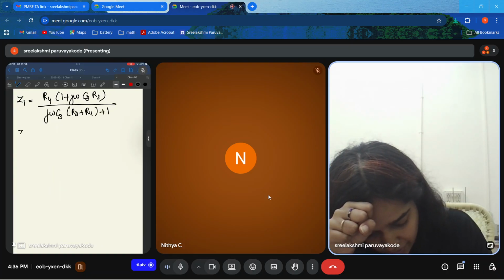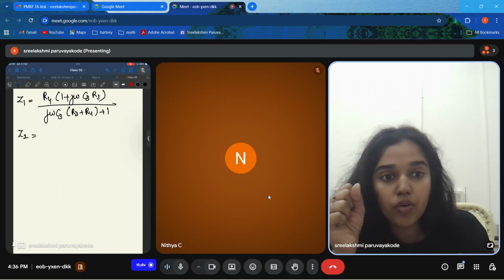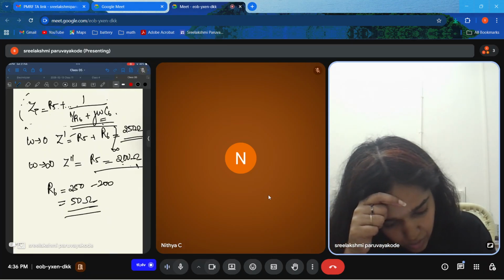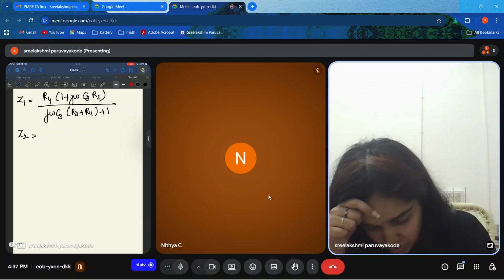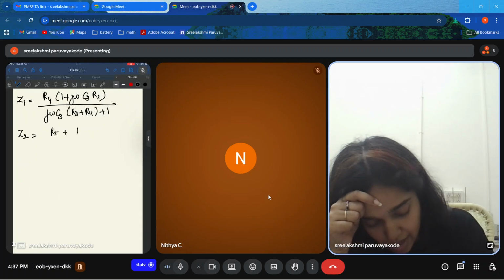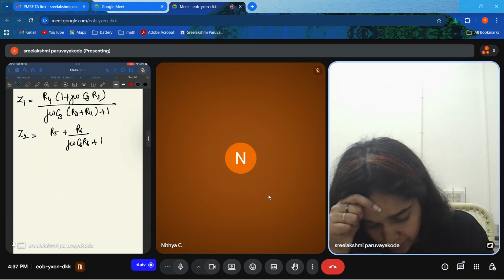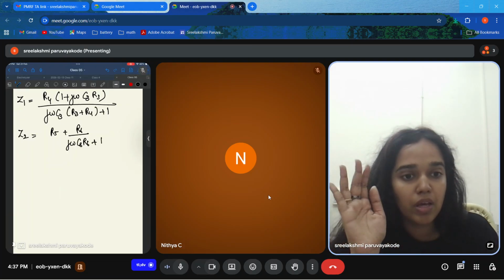Now, same way, find out for the next circuit where you don't know the value of R1 and R2. That is R5 plus 1 by R6 plus j omega C6. I'll multiply this here and take R6 up. So it becomes R5 plus R6 by j omega C6 R6 plus 1. Now both these impedances should be equal.